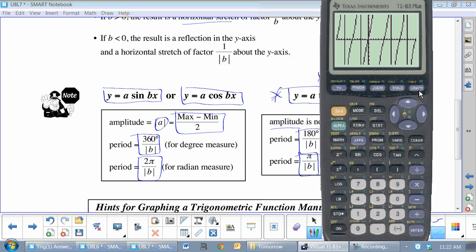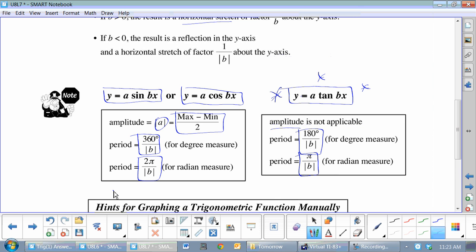Because you can see on your graph that it goes from 0 to undefined, 0 to undefined, 0 to undefined. So it does not ever go to -1 or +1. It just goes to undefined, okay? So know these two charts really, really well.